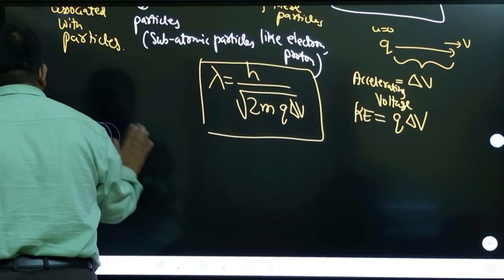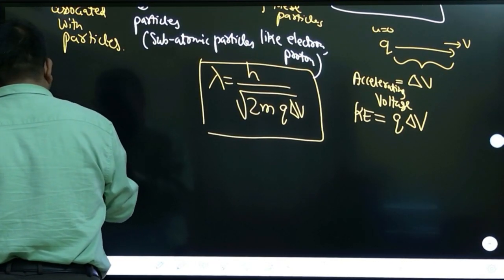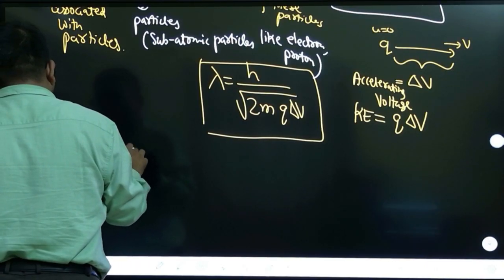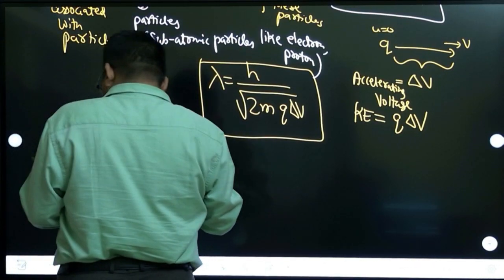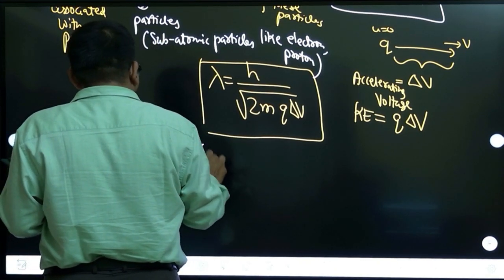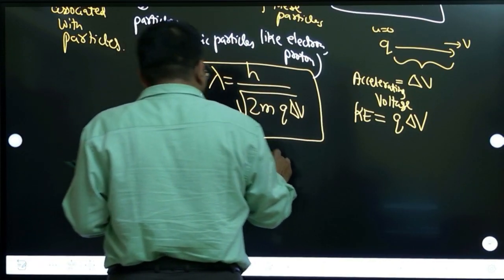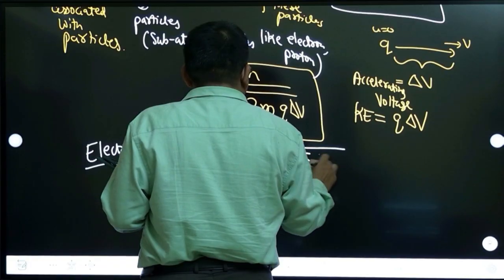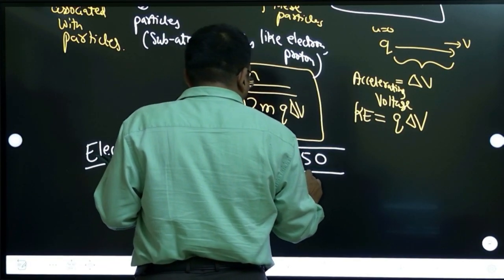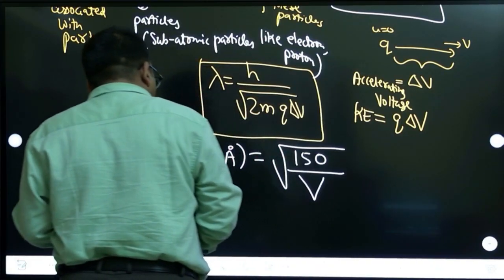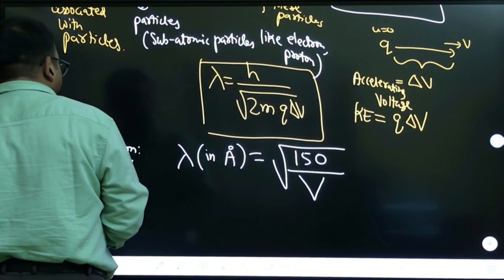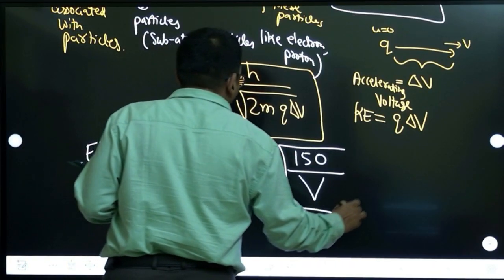Let us take electron first. So if you take electron, wavelength in angstrom can be written as root under 150 divided by accelerating voltage V. V they will give, right? We can use this formula.